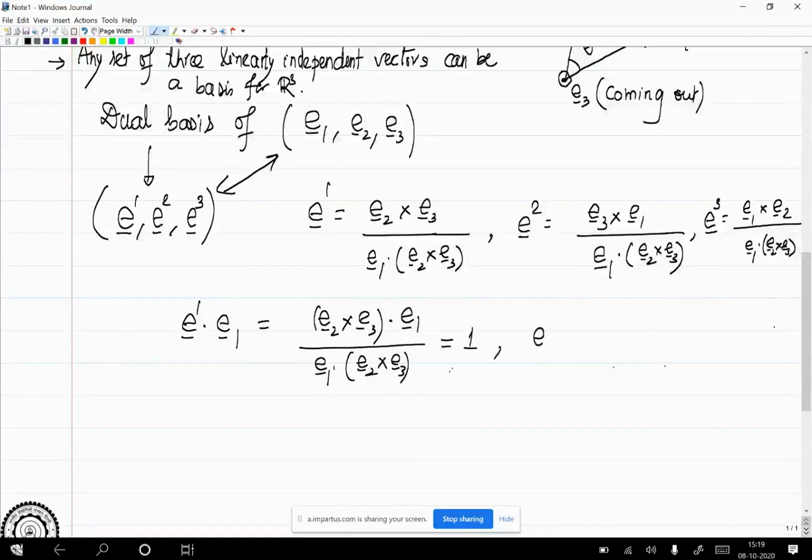Also see that if you try to do E super 1 dot E super 1, this is not equal to 1. Similarly, E sub 1 dot E sub 1 is not equal to 1, because as I said to you, E1, E2, E3 are not unit vectors.